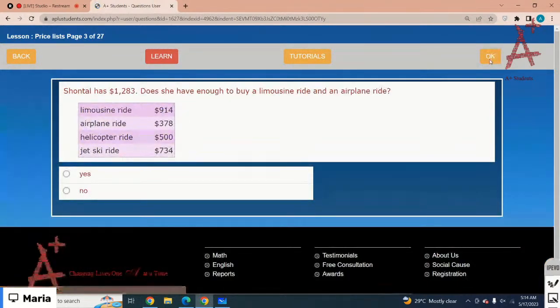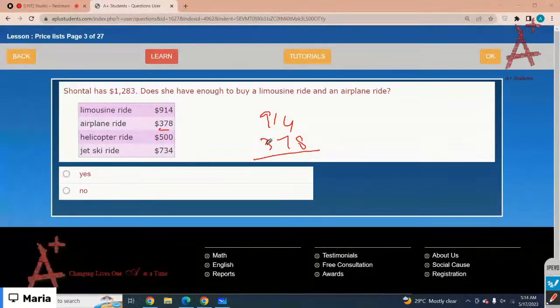Okay, the next one is Shontal has $1,283. Does she have enough to buy a limousine ride and an airplane ride? So just add up the cost of both the rides and see if she has enough money. Limousine ride is 914 and airplane ride is 378. So it would be 8 and 4 is 12, 2 and 1 carry, 7 and 1 is 8, and 1 is 9, 9, 10, 11, 12 and 1, 13.